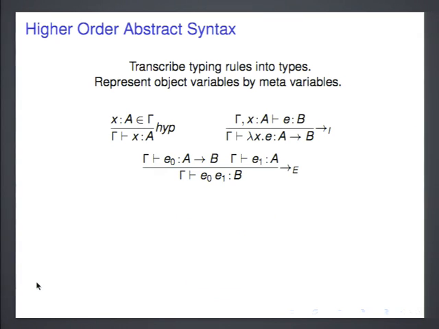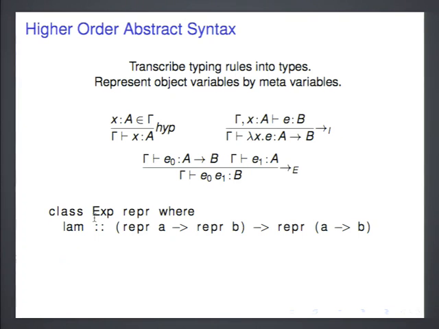The core of higher order abstract syntax is essentially that you're transcribing the typing rules into types, and in particular you're going to represent object level variables by meta level variables, right? So here are the typing rules.